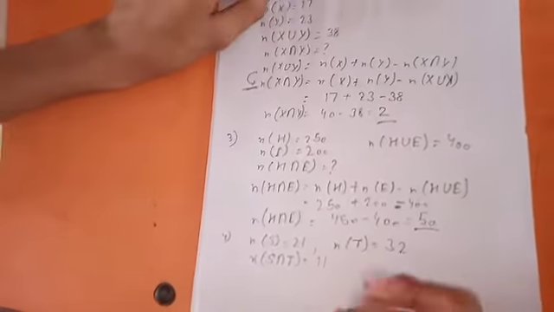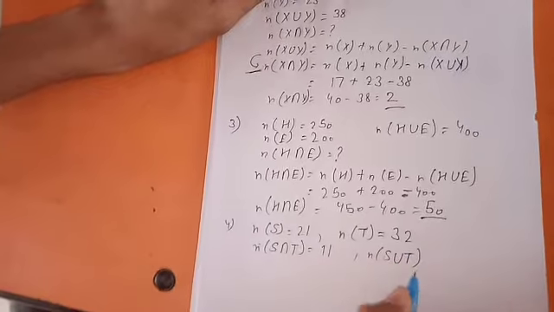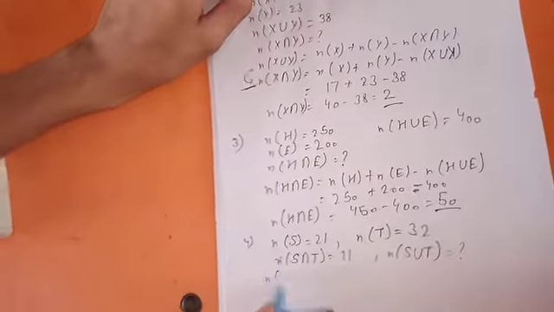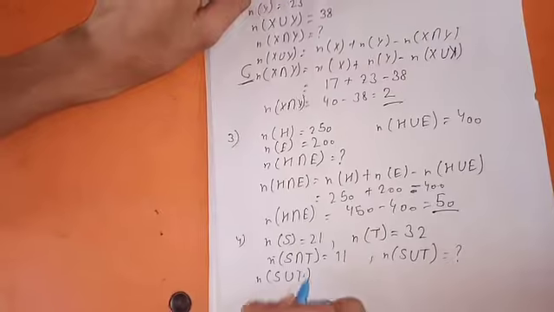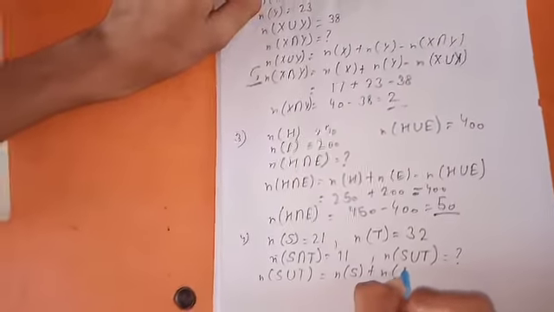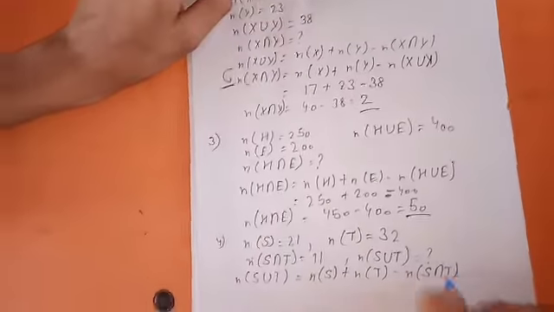In this we have to find n(S ∪ T). So n(S ∪ T) will be equal to what? n(S) plus n(T) minus n(S ∩ T).